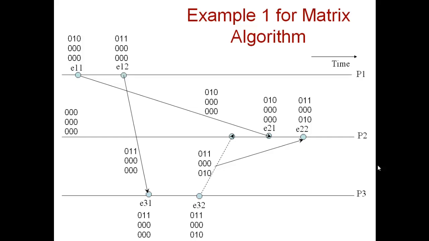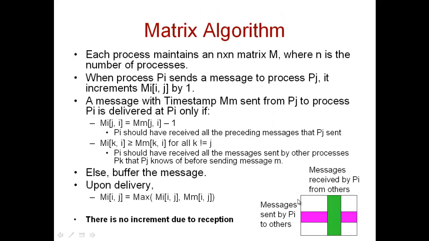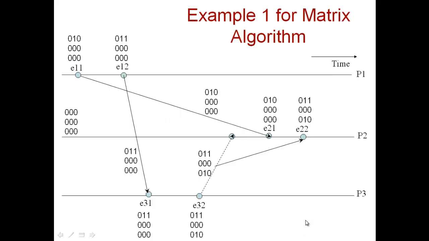So we have here three processes. To start with, the entries for all the processes is an empty clock like this with all zeros in the matrix entries. And now P1 is sending a message to P2. As I just said, if you want to keep track of sending, you increment in the row for that particular process. So P1, that's row 1, is sending a message to process 2. So in the second column, we increment from 0 to 1.